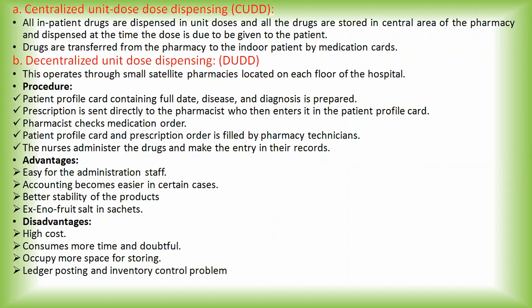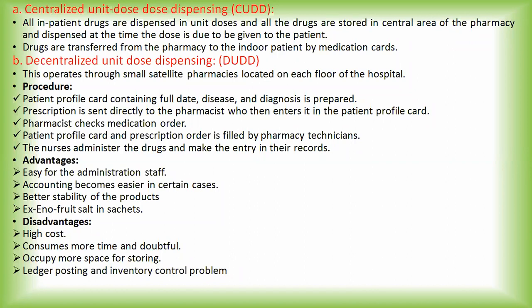So on each floor these satellite pharmacies are present. What are the advantages? First advantage is that it is easy for the administration staff. Whatever the distribution of the drug, filling of the drug, unit dose packaging of the drug, it becomes easy for the administration staff.